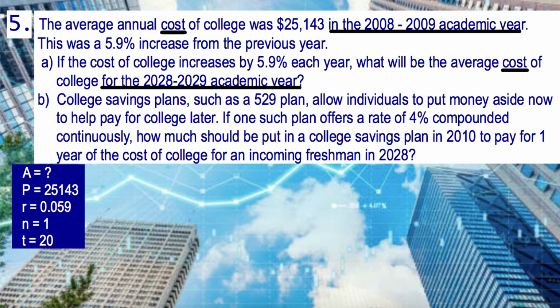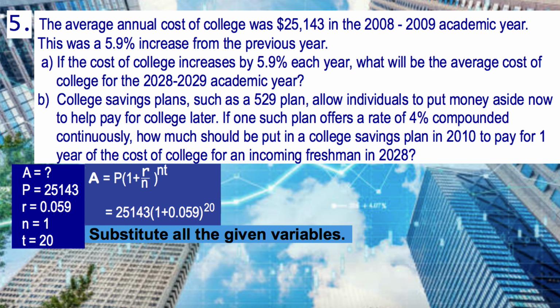A equals P times the quantity 1 plus R over N, everything raised to the power NT. Substitute all the given variables. So that's equal to 25,143 times the quantity 1 plus 0.059, everything raised to the 20.